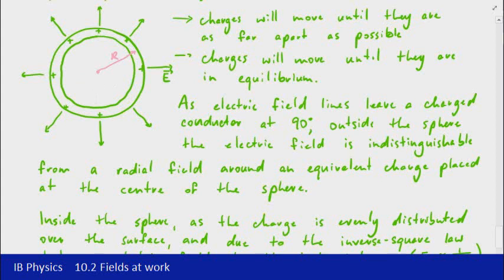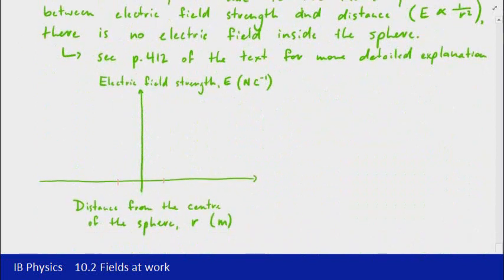As we go across to the right from the center, across the diameter of the sphere, the electric field there is going to be zero, and so that's going to be from R to negative R. We're then going to see that outside the sphere, it's going to follow the inverse square law that we identified before. So we're going to have this vertical discontinuity, where we'll then have the normal shape of the electric field strength curve coming off from there.